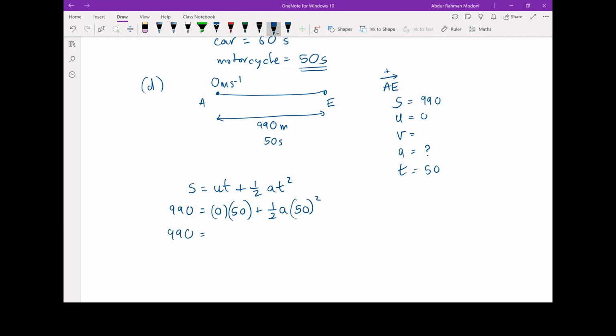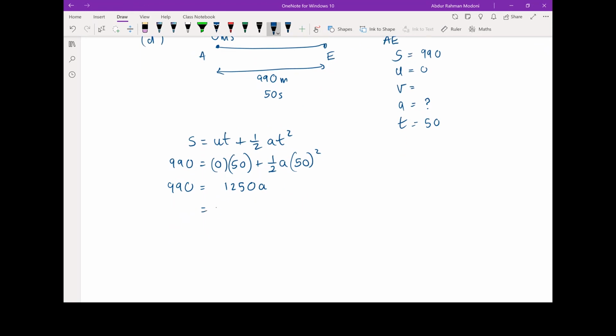This then simplifies to 50 squared, which is 2,500, divided by 2, which is 1250 A. And so our acceleration then is 990 divided by 1250. So we have 0.79 meters per second squared is equal to our acceleration.